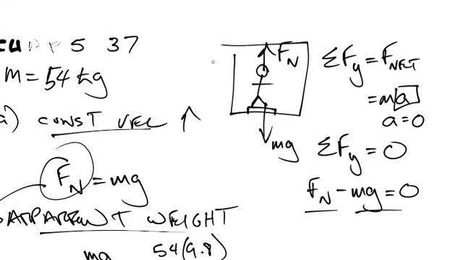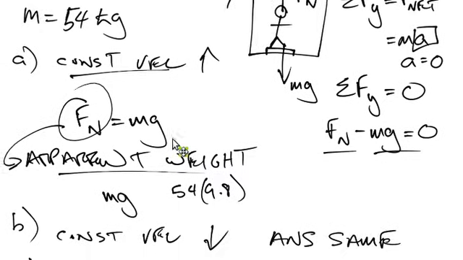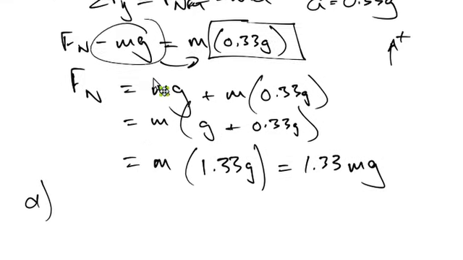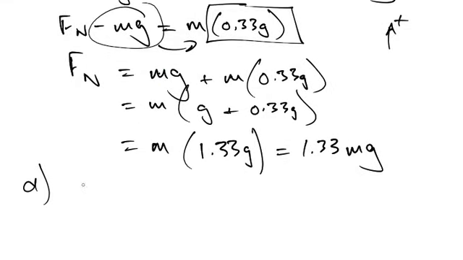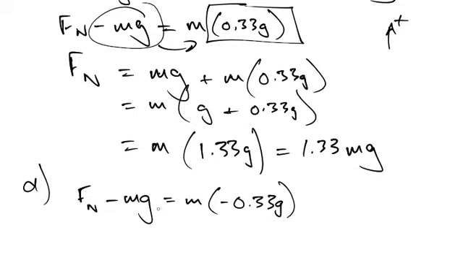Here, we chose up as being positive. So we said Fn minus mg, mg being negative. So in fact, it would just be Fn minus mg is equal to m times negative 0.33 g if it's accelerating downwards.